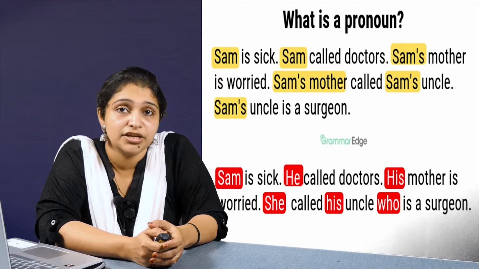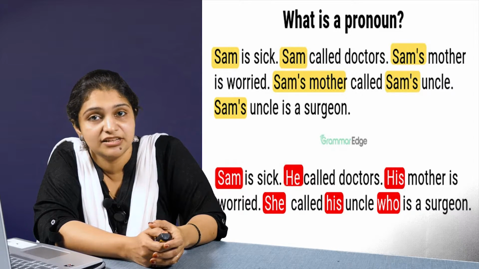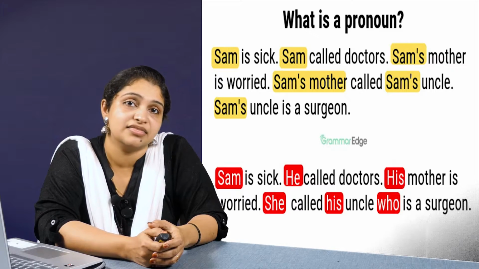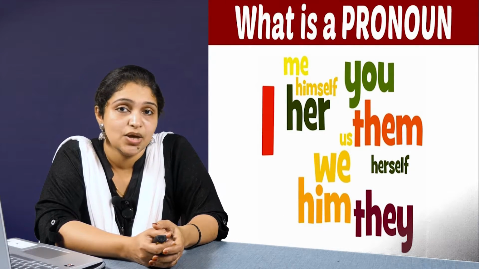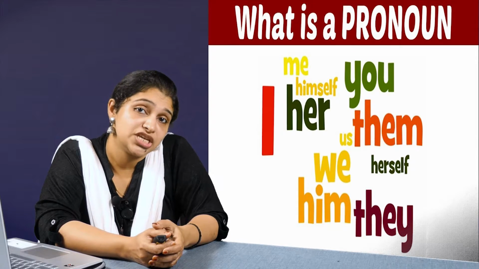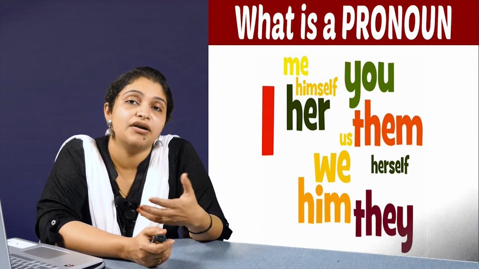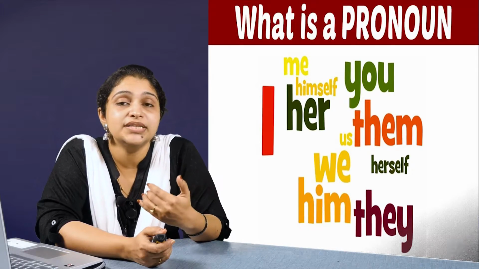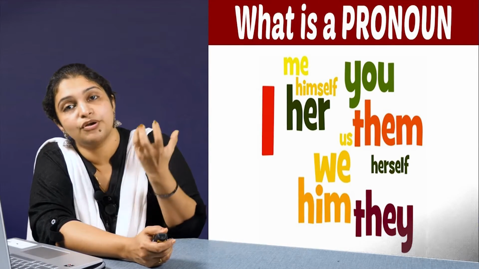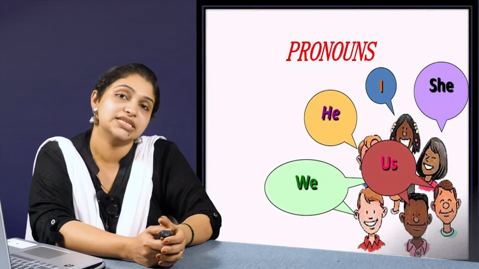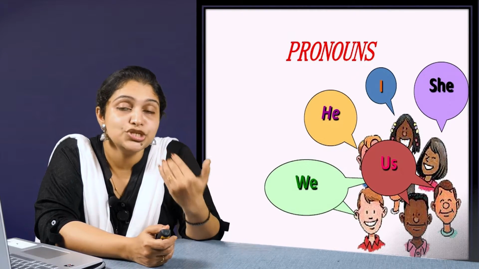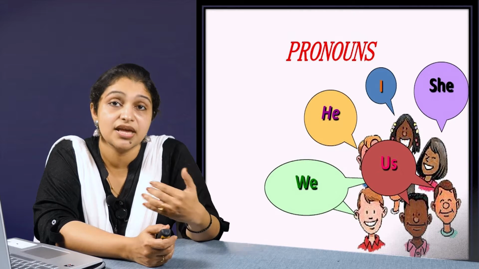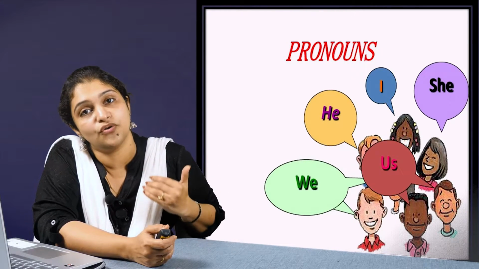I, her, you, them, herself, him, we, they, etc. Again, you have he, we, us, she, I. All these are used once you have used a proper noun or a common noun at the beginning of a sentence. You continue your conversation by using pronouns instead of nouns.